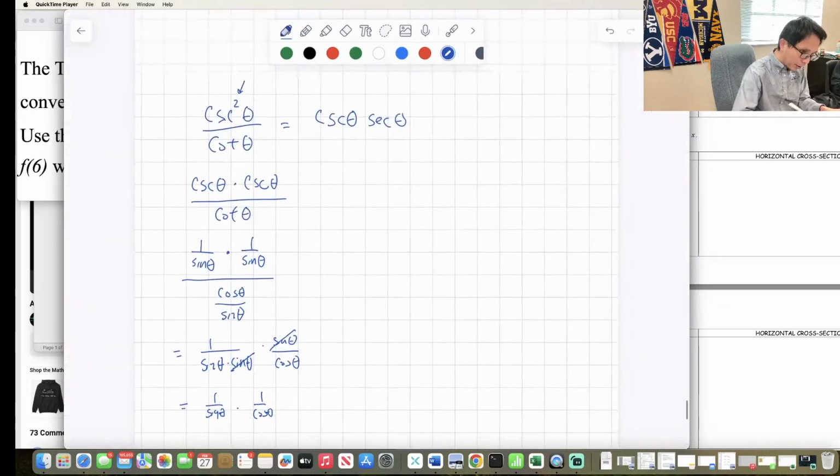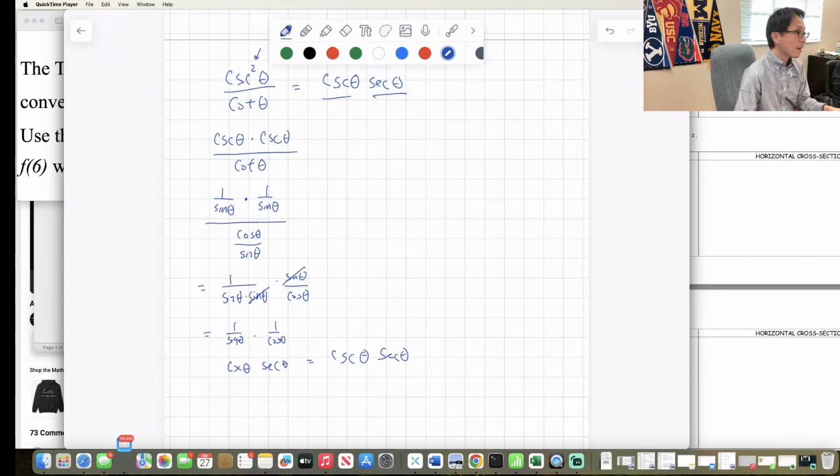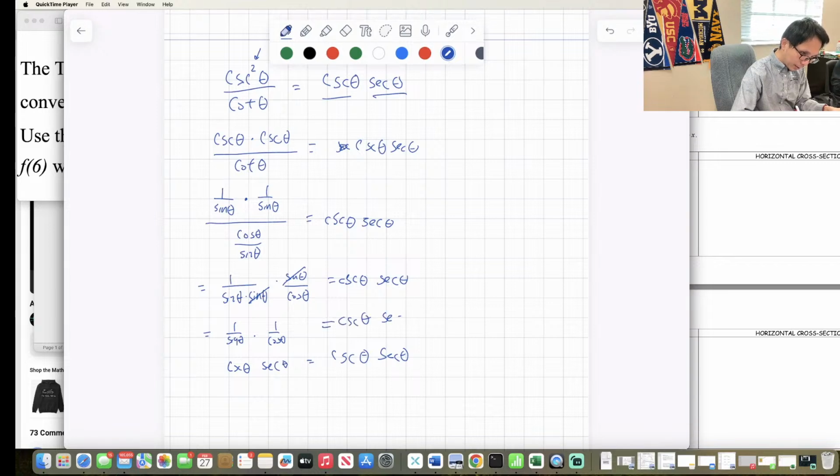Now, if you realize the other side is cosecant and secant, can I change this one to cosecant theta? And you implement that. Now you can keep on writing cosecant theta, secant theta, and eventually that's equal to cosecant theta, secant theta.